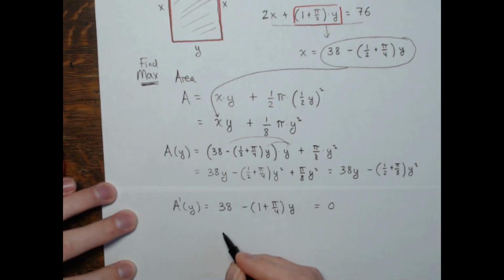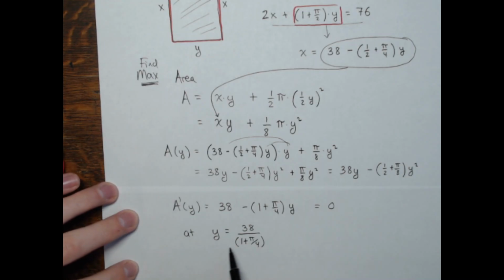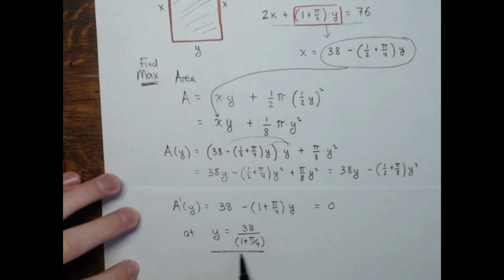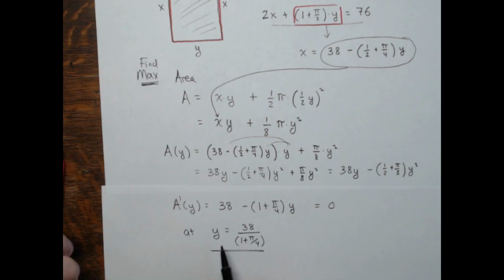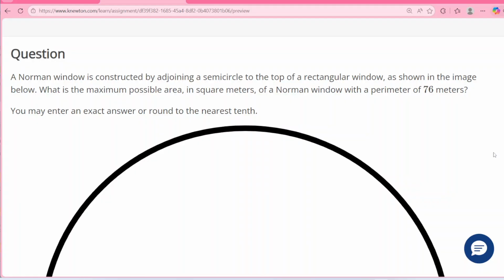This is equal to 0 when y equals 38 divided by this 1 plus pi over 4 value. So you're going to see this is the input for the vertex of this parabola. But let's go into it. And then I would plug this in, and I'm going to round to the nearest tenth.